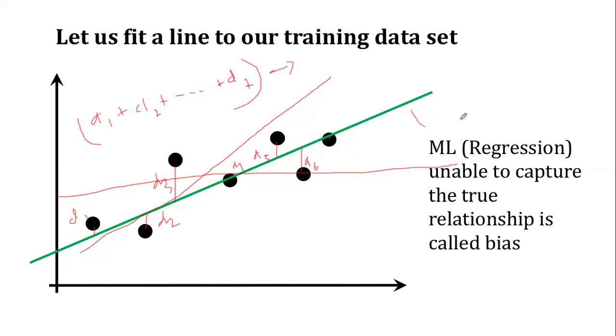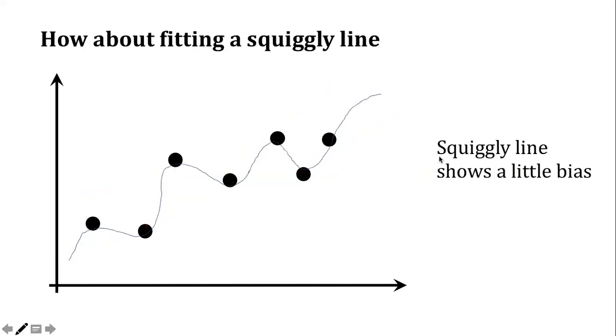Once we fit this line, we can find the equation for this line, for example 5x plus 3. This is what we do: we fit the line and then we estimate the equation for it. This is what we mean by training. Apart from fitting a line, we can fit a curve as well.